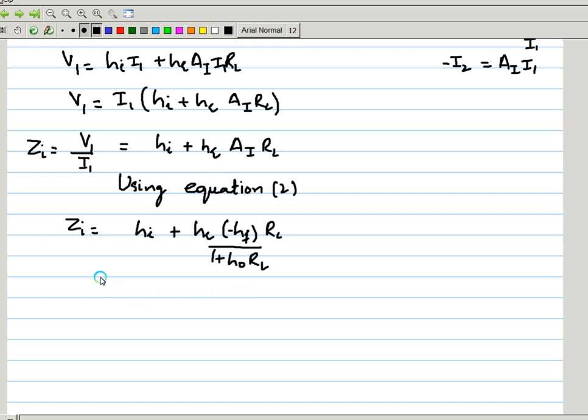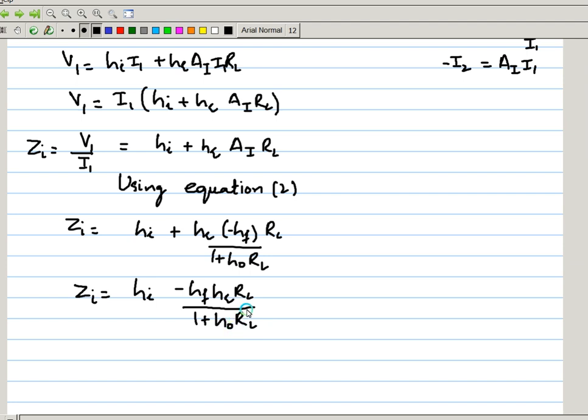Alright, so this will be Zi is equal to hi minus hf hr RL upon 1 plus ho RL.